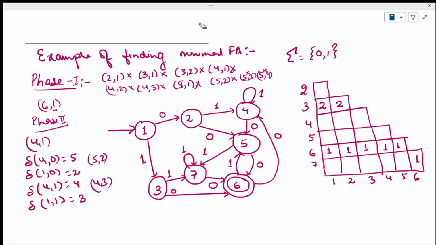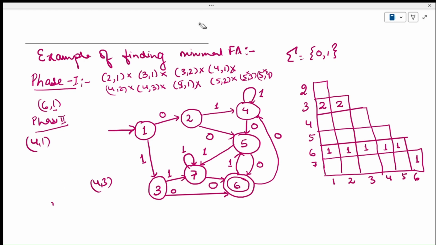Then we'll check for another pair, 4 2. 4 on reading 0 is going to state 5. 2 on reading 0 is also going to state 5.